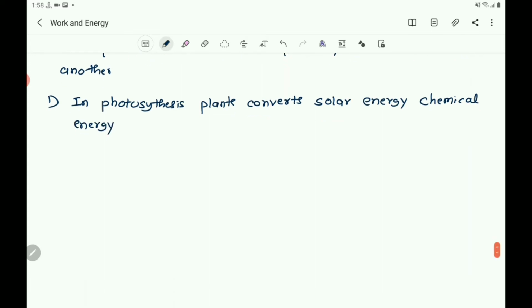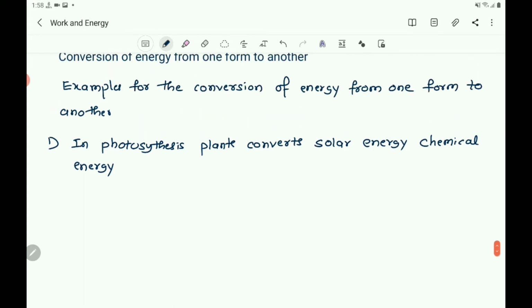So, that is one of the examples for the conversion of energy from one form to another form that takes place in nature.